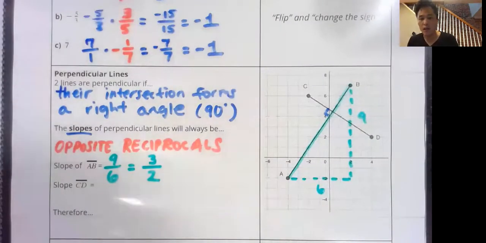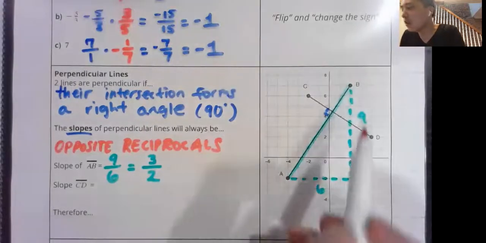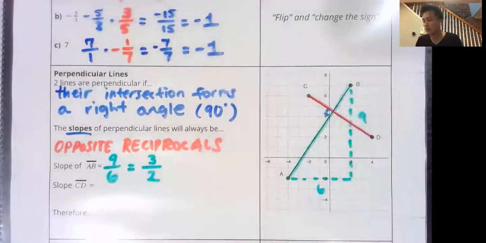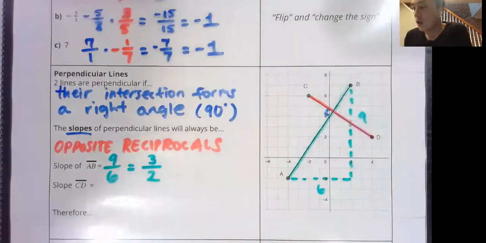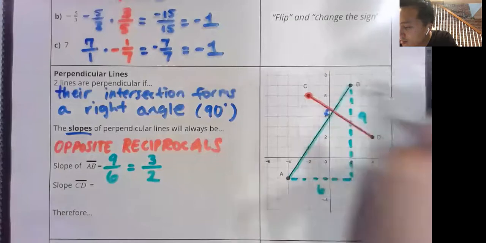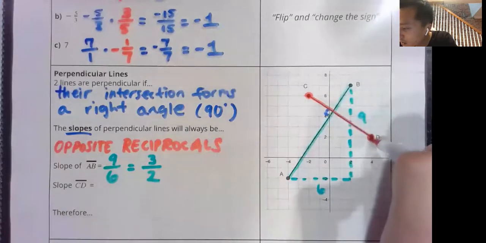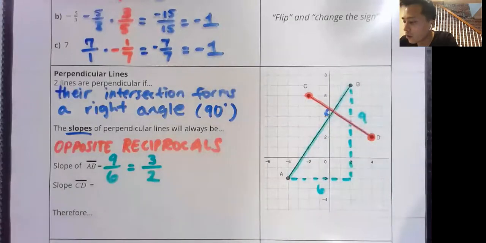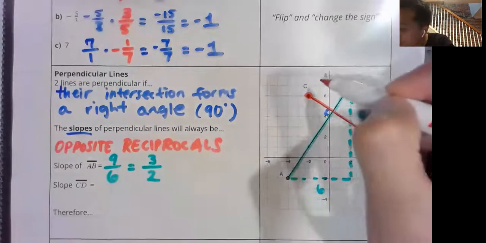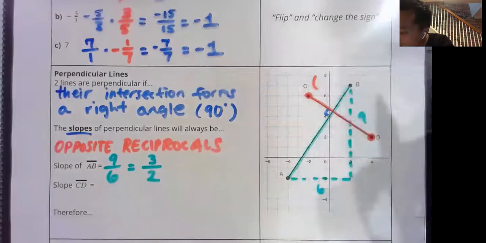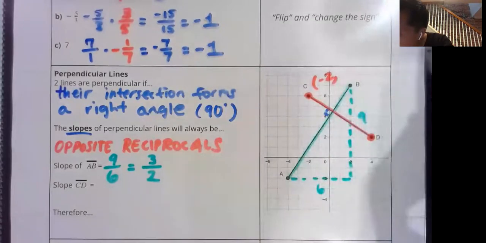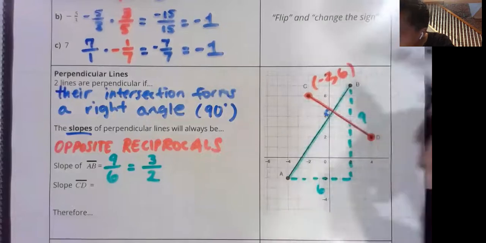Next, slope of line segment CD. It's here. For this one, I'm not going to use a slope triangle, and instead I'm going to use the slope formula so that you can see how to do it that way too. So C, this point is -2, 6.